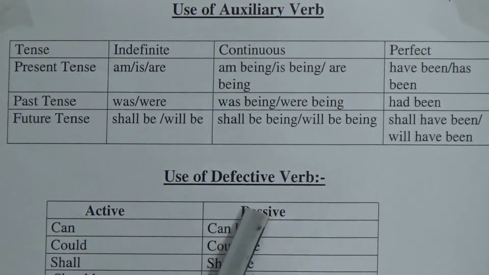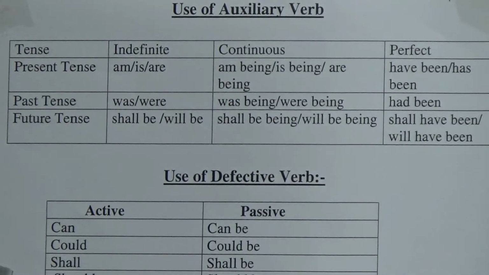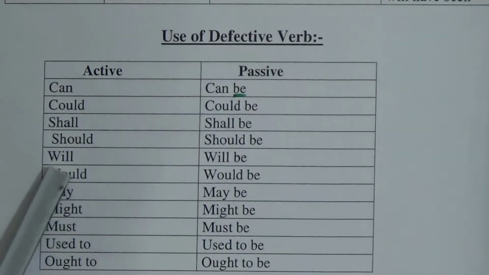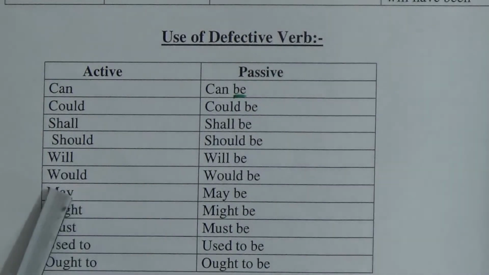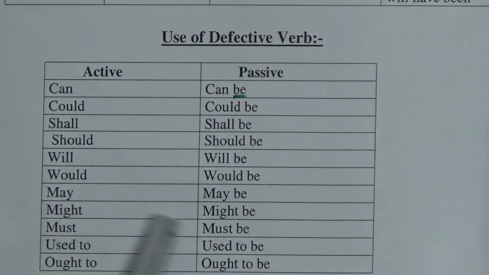And use of defective verbs. Defective verbs, we also say modal auxiliary verbs. What will happen in case of defective verbs, modal auxiliary verbs? In case of modal auxiliary verbs, we only add be after the verb: can be, could be, shall be, should be, will be, would be, may be, might be, must be, used to be, ought to be. The form of subject is very important.